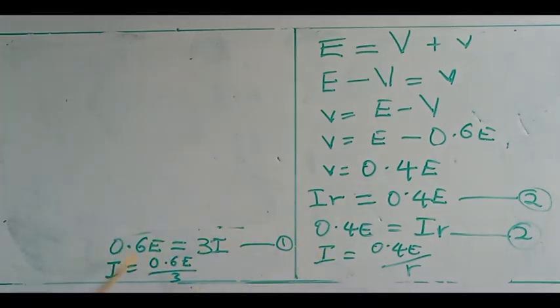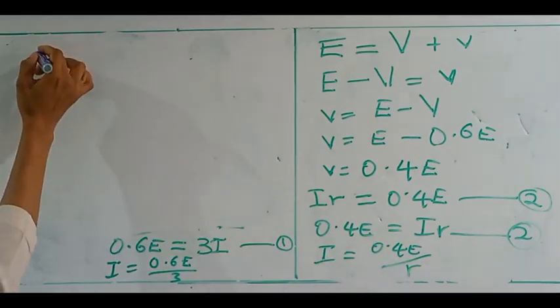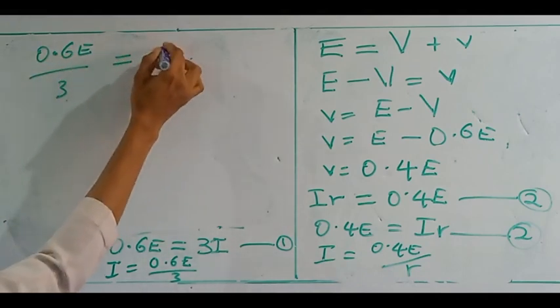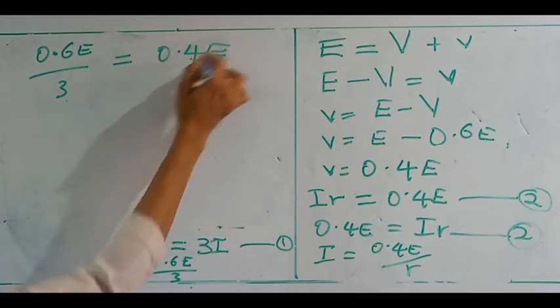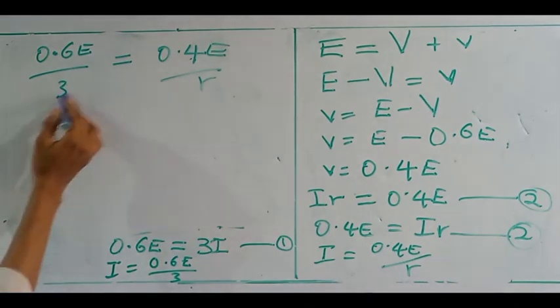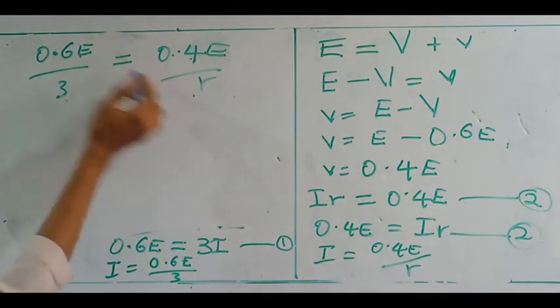If the same current flows through, then this is equal to this, so that we have 0.6 E over 3 is equal to 0.4 E over R. So we'll go ahead and solve this by cross multiplying.